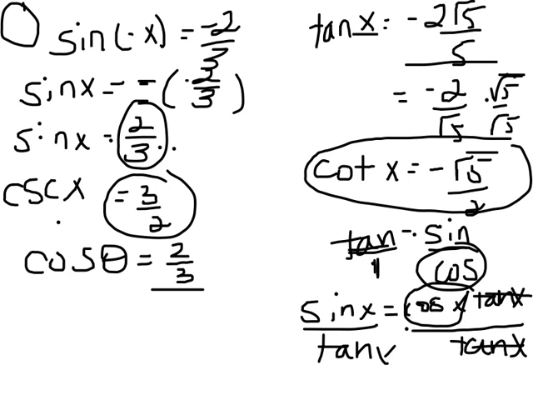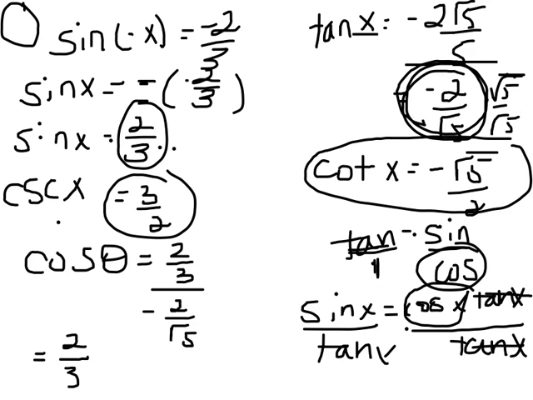I think that's going to work better for us here. So it's -2 over square root of 5. Remember it's the numerator times the reciprocal of the denominator when I simplify that fraction. So it's square root of 5 over 2.